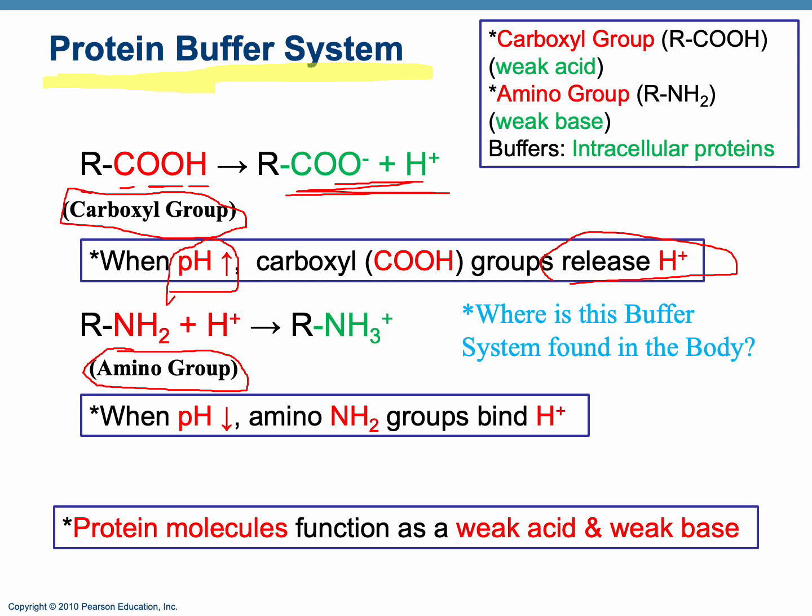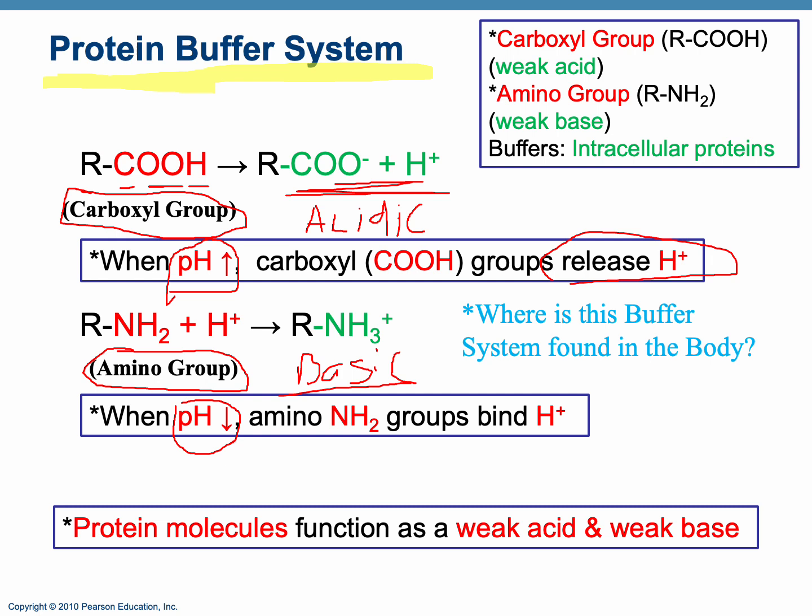The amino group is considered the basic group here, so the carboxyl group is considered the acidic part here. So this is considered the acidic part, and the amino group is considered the basic part. So in this case here, maybe there's a situation where the blood pH is falling, becoming very acidic.